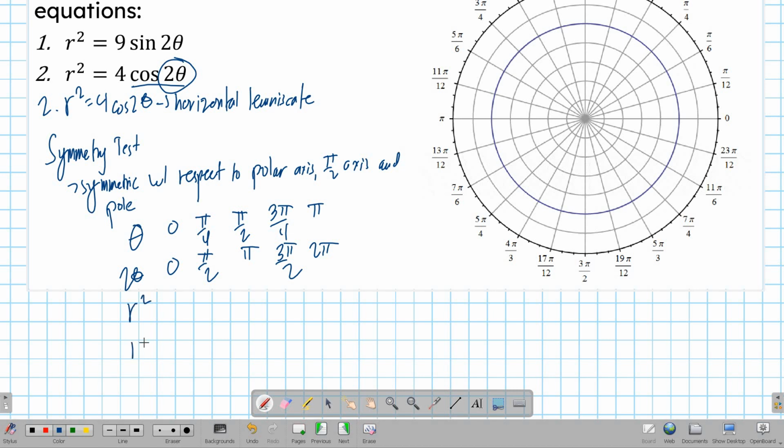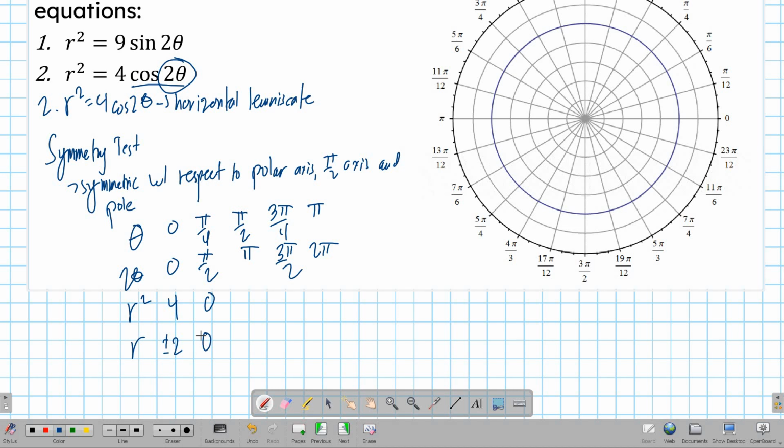Then we get r squared first before we get r. So cosine 0 is 1 times 4. That's 4. So this becomes positive negative 2. Cosine of pi over 2 is 0 times 4 is 0. So we get 0 here.